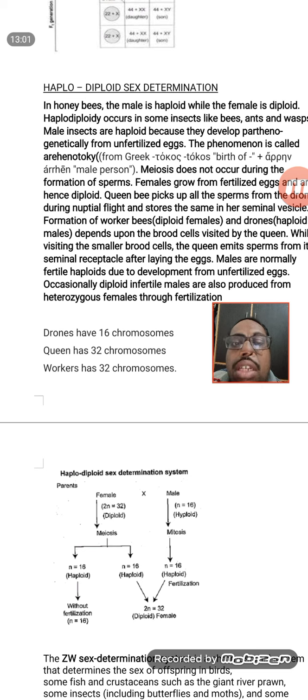Because if you see this honeybee colony, the queen, which has 32 chromosomes and is a female, this colony can determine whether they want workers or drones, according to the need. How it is possible and what is the reason for that, it is not 100% clear, not fully understood.